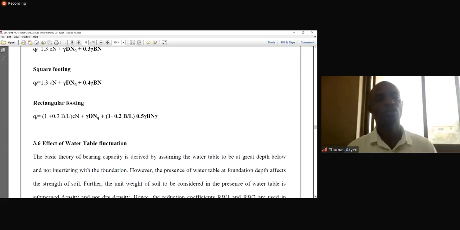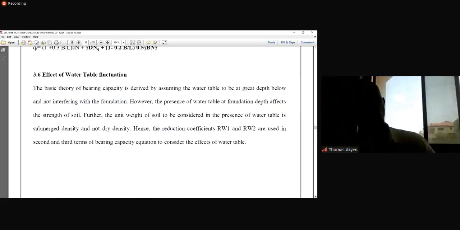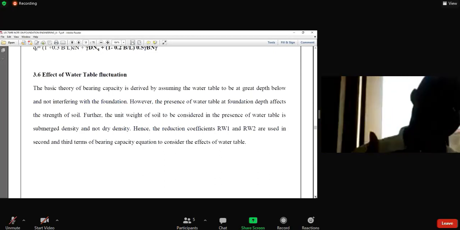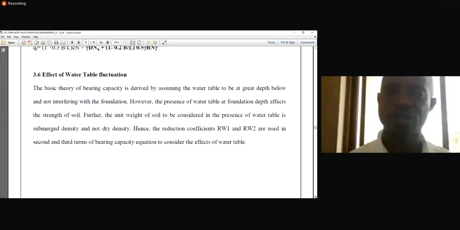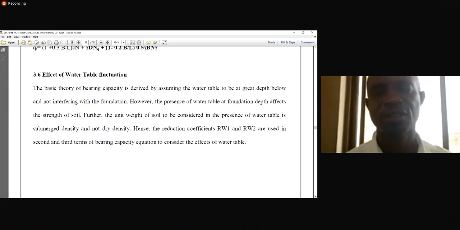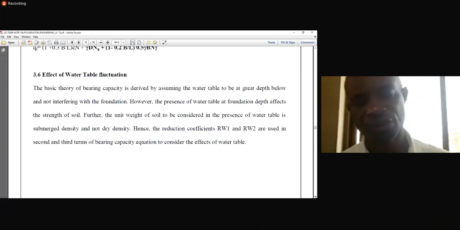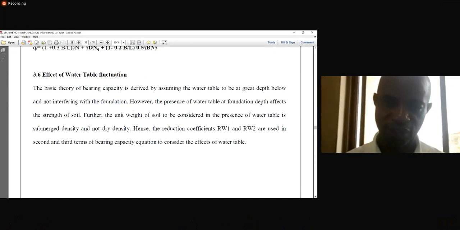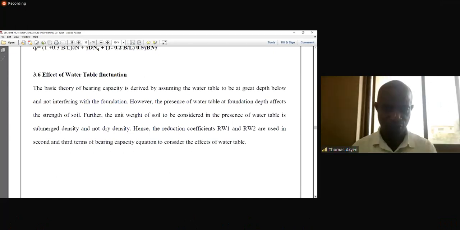Then we also have to come to the effects of water table fluctuations. The basic theory of bearing capacity is derived by assuming the water table to be at a greater depth below and not interfering with the foundation. It should be below, and the water table should not interfere with the foundation.